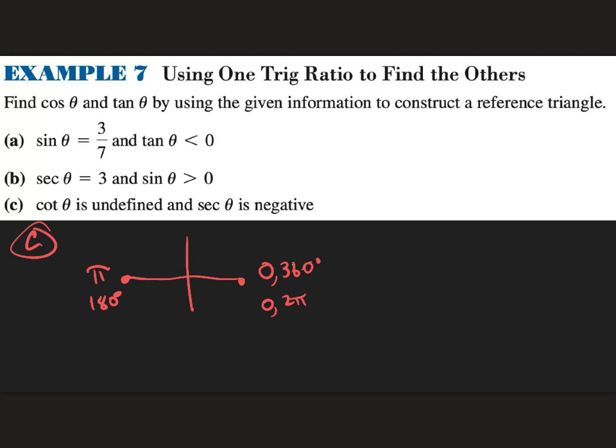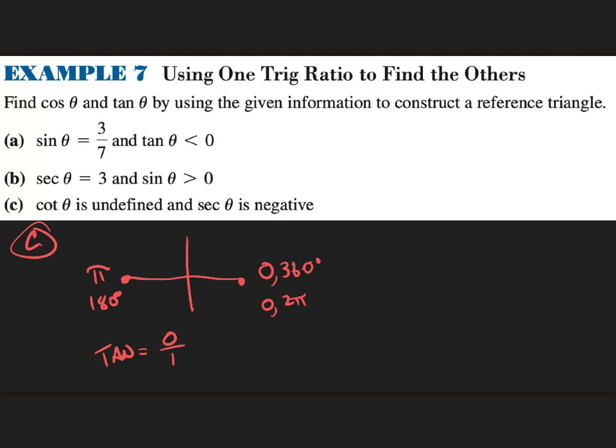The x is 0. If the y value is 0, then the tangent is 0. When you flip it upside down, you get the cotangent. You can't divide by 0. So we know that the tangent equals 0 in y, 1 in x.